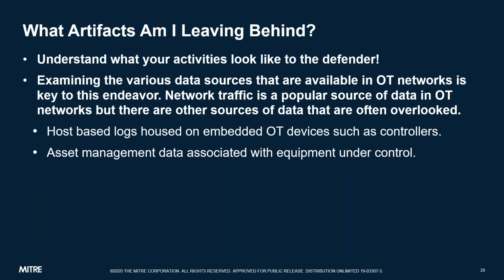So we have to remember that there are other sources of data in these networks, which include host-based logs housed on embedded OT devices such as controllers, and also asset management data that can give you valuable clues about how a particular piece of equipment is acting at any point in time.